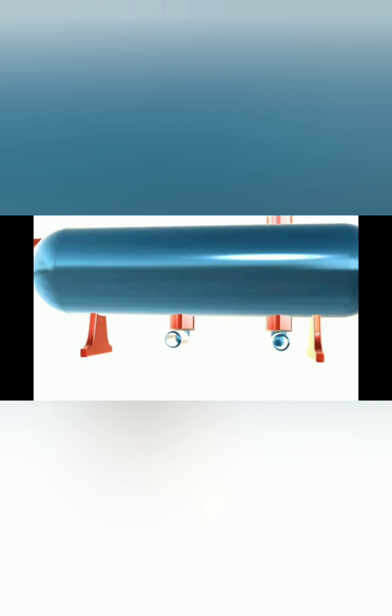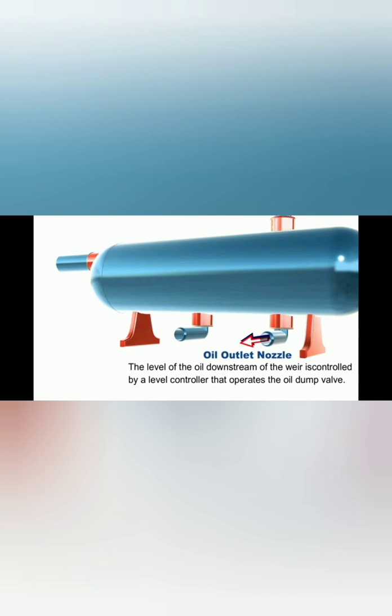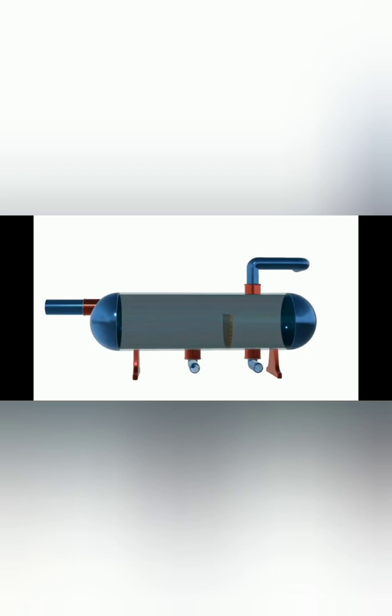Then the gas passes horizontally through the separator. First the gas will pass through the coalescing trays, where any liquid carryover will be removed, and the liquid will fall down inside the separator.